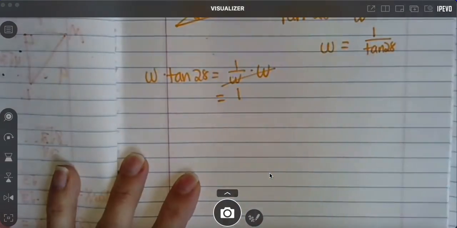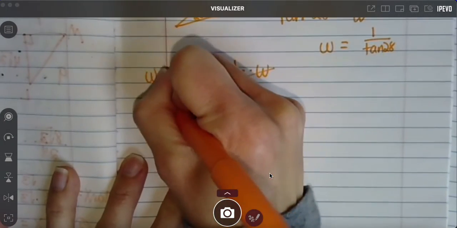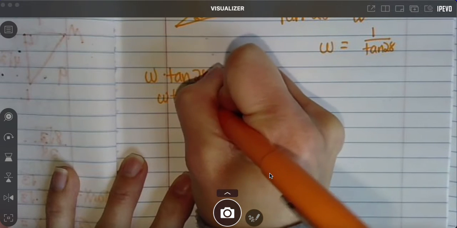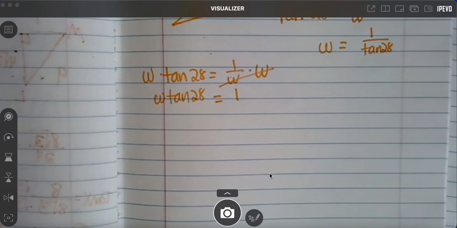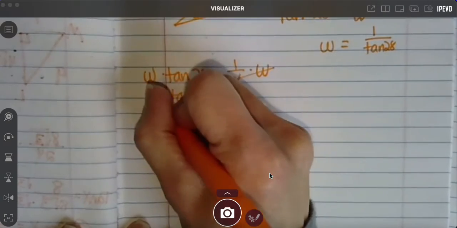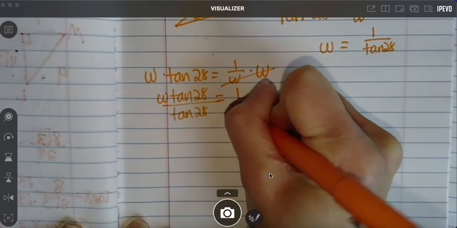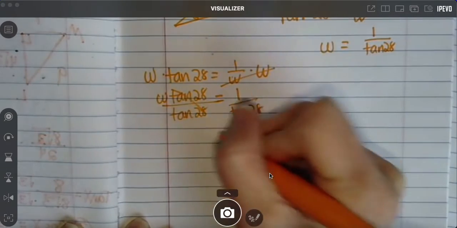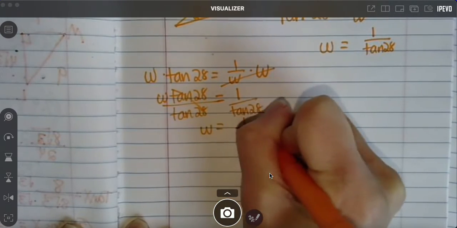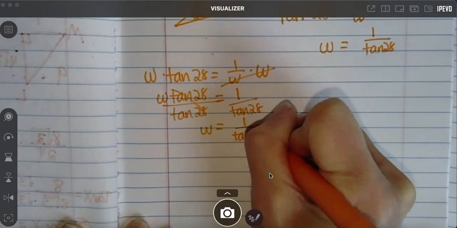I get a 1 over here, and then over here I have W times the tangent of 28. Now my W's out of my denominator. Then what do I have to do to get the W by itself? Since it's being multiplied to the tangent, I would have to divide by the tangent of 28 on both sides. So W equals 1 over the tangent of 28.